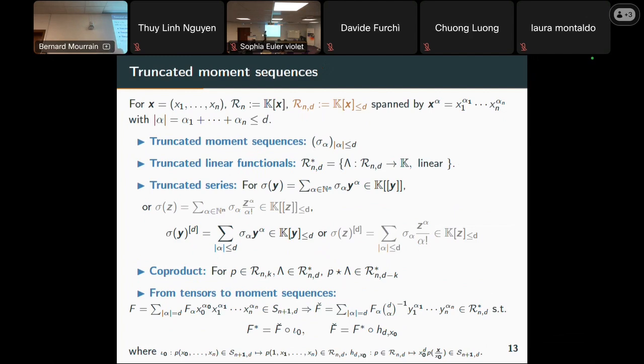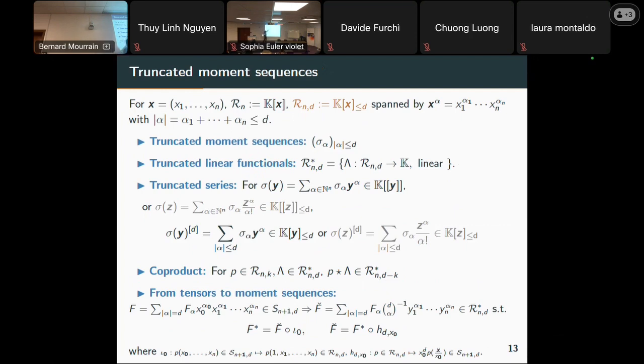And so we can look at truncated moment sequences, sigma alpha with alpha of degree at most d. And we can look at what are called truncated linear functionals. They are linear functionals defined on polynomials of degree at most d, so they are the dual of R[x]_{<=d}.